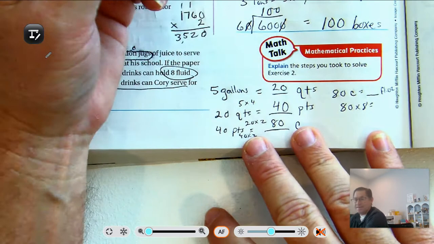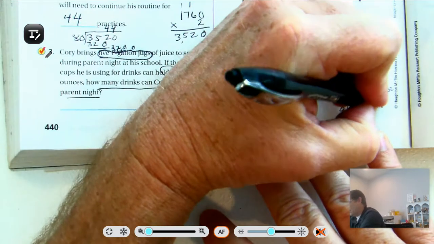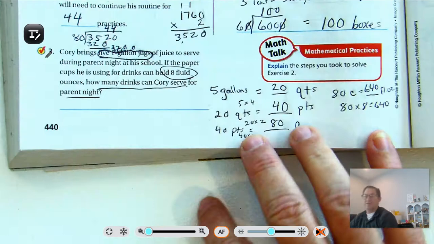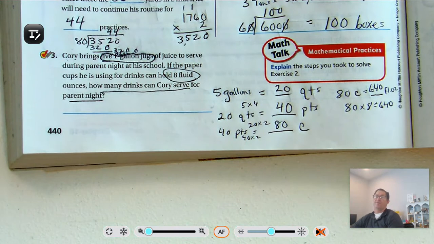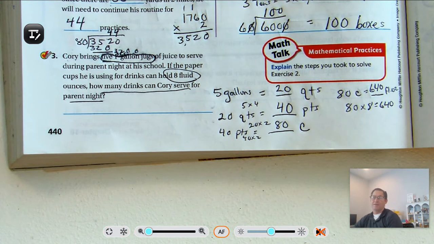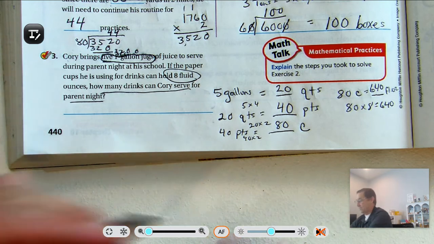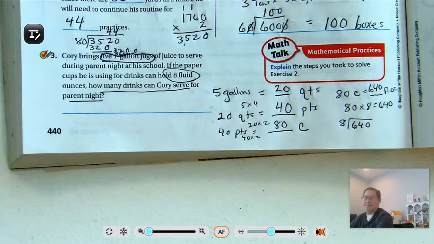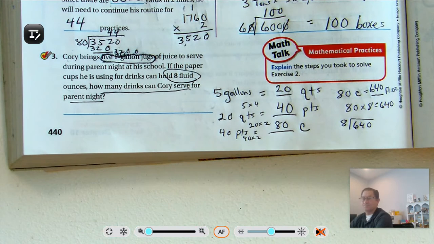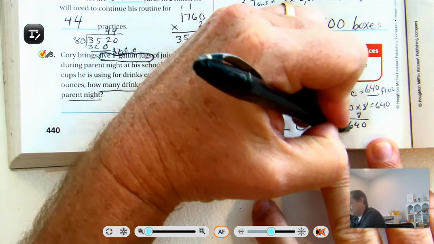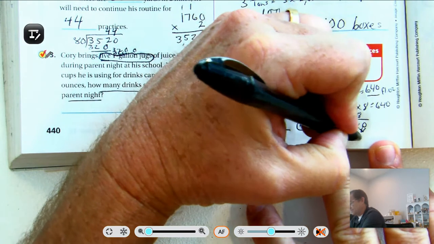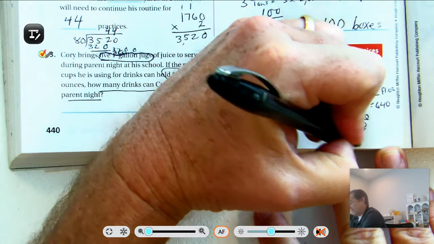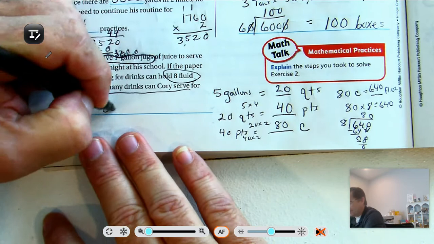So 8 times 8 tens is 64 tens. So 640 fluid ounces are in 5 gallons. Every drink holds 8 ounces. So 640 divided by 8. So we can have 80 drinks.